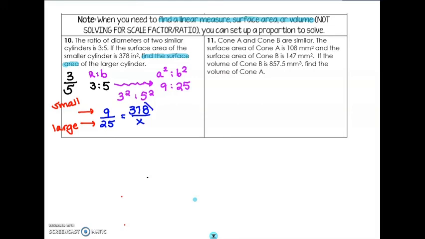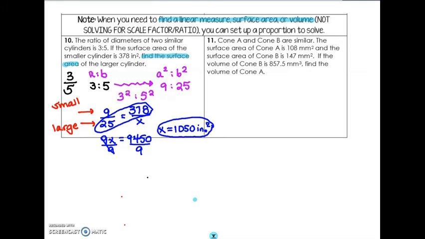Once I set up my proportion based off the surface areas, I cross multiply. 9 times x is equal to 25 times 378, which is 9,450. When I divide by 9, my answer comes out to be x equals 1,050, and my units here are inches squared. That is going to be my answer for the surface area of the larger cylinder.